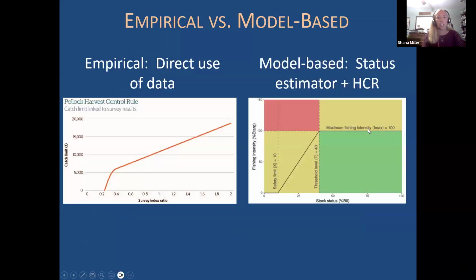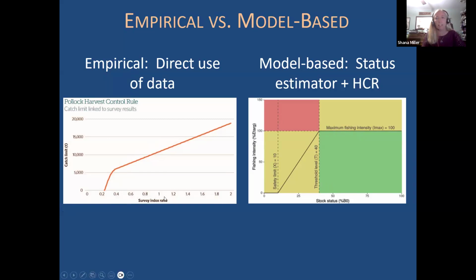There are two different kinds of harvest control rules, based on the data inputs and how the stock status is calculated. There are empirical harvest control rules or harvest strategies. This is an example of pollock in the North Pacific, where the input for the monitoring and assessment method is a simple abundance survey index.